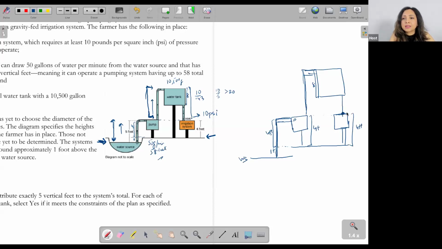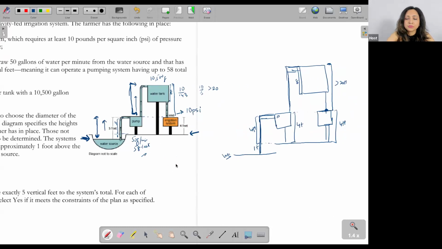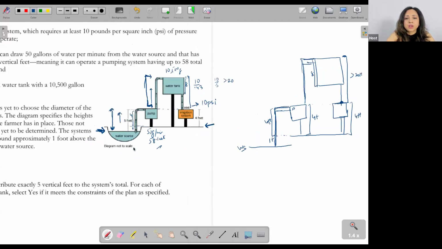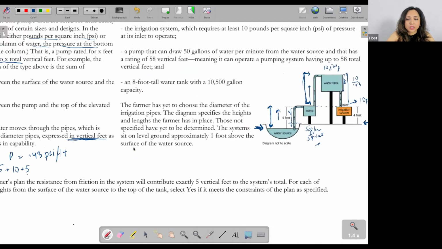And I said that I need a 10 psi, which means that I need the entire thing from here to here more than 20 feet. And 10 upon 0.43, as we said, we can do the exact calculation if required. Fine. So then this is what it looks like. Any doubts over here? Makes sense, right? This is just a simplistic diagram for us to see all the heights. All right. Now let's look at the question.